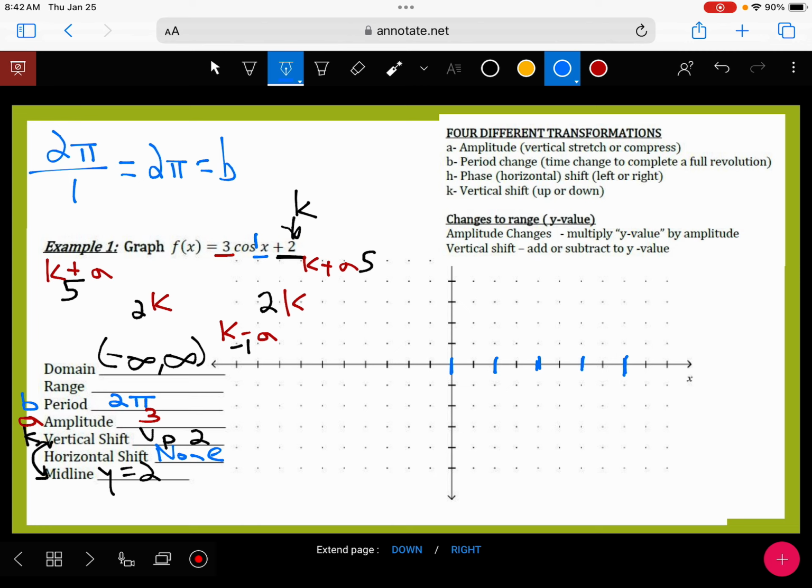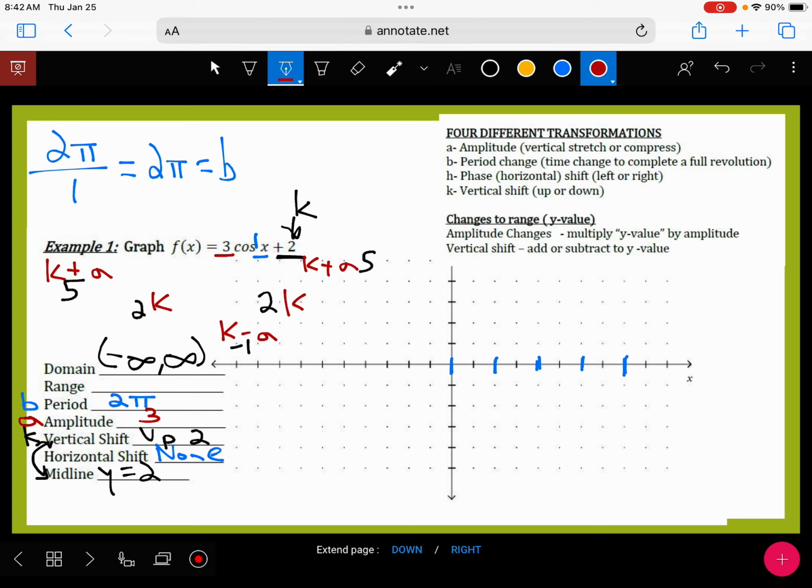When we're graphing cosine and sine, we always want to make these 5 hash marks, because they directly correlate to these 5 values. When it's cosine, that first hash mark, the beginning of our period, is going to be k plus a. So here, as we're graphing it, we said it's going to be 5.